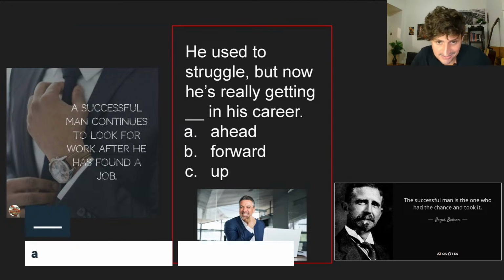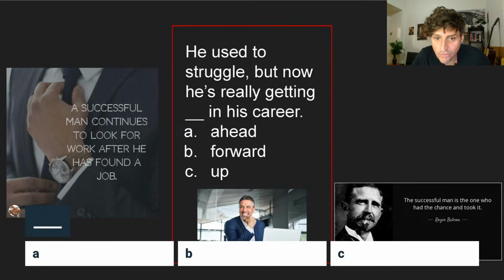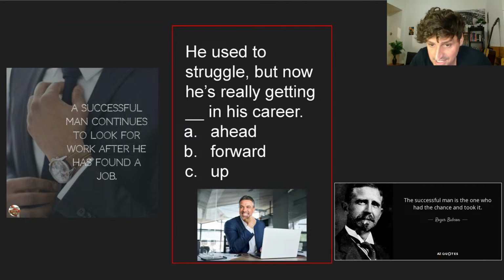He says, a successful man continues to look for work after he has found a job. That's a nice quote. I love that quote. The successful man is the one who had the chance and took it. Another great quote right there on the right-hand side.